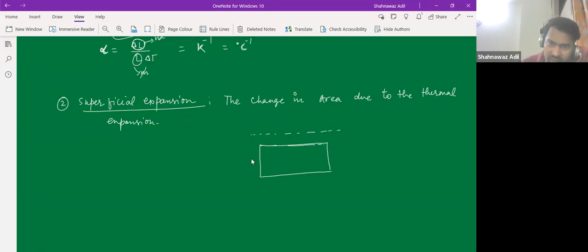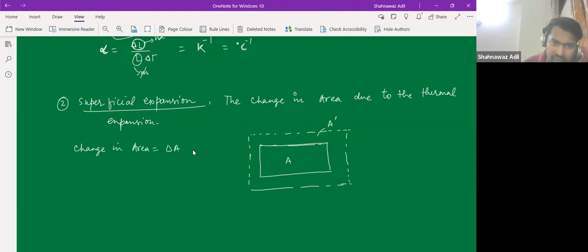So this new area becomes, okay, initially the area was A. Now the area is A prime. So the change in area is how much?